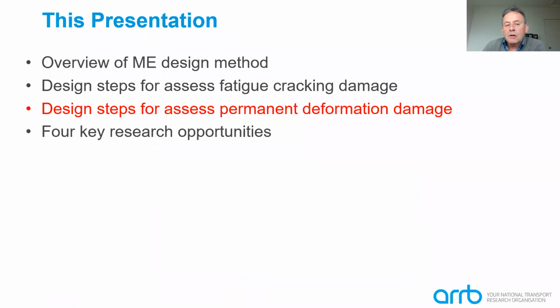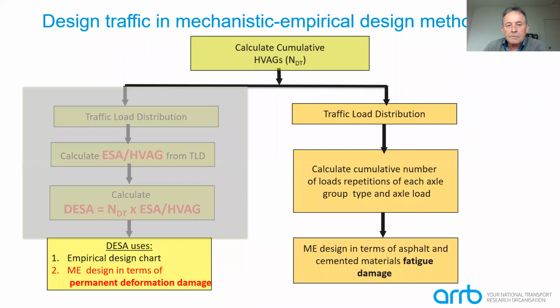So now I'll discuss the different approach that we use when we're assessing the permanent deformation damage. And this is a simplified approach compared with the approach that we use for looking at fatigue cracking damage. Last week we talked about the fact that when we express design traffic in the mechanistic design method, we use 2 approaches.